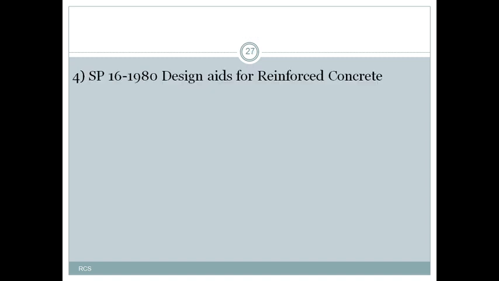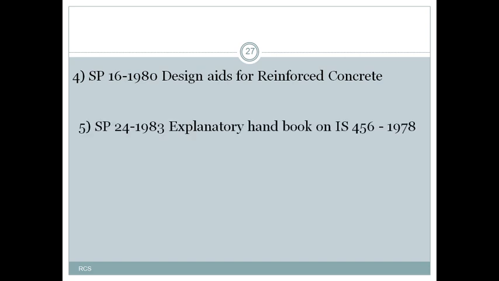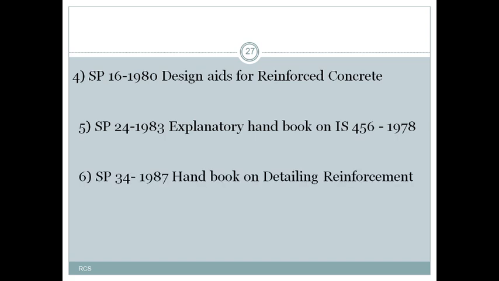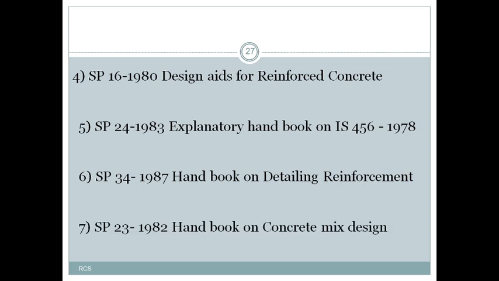And the next ones are SP 16-1980, design aid for reinforced concrete; SP 24-1983, explanatory handbook on IS 456-1978; SP 34-1987, handbook on concrete reinforcement and detailing; and SP 23-1982, handbook on concrete mix design.